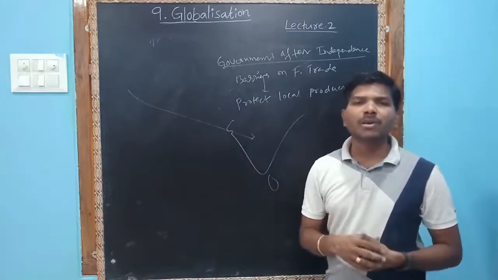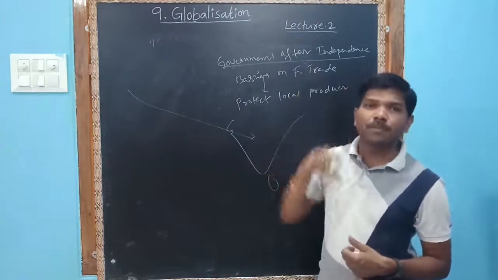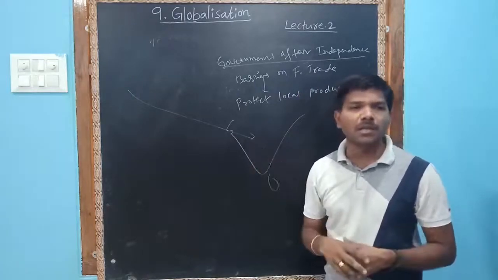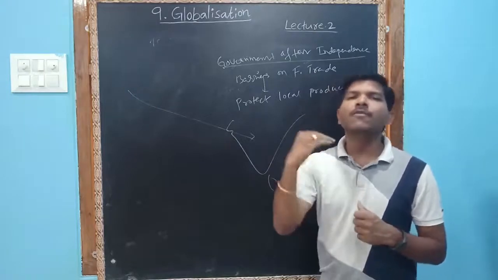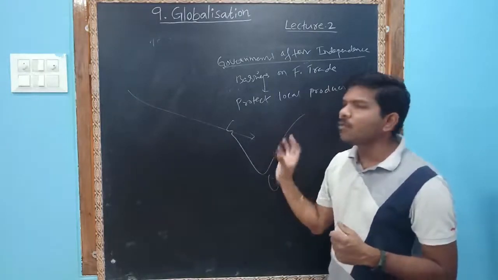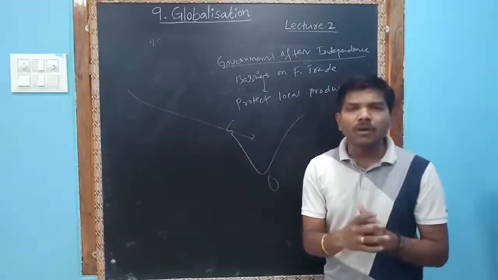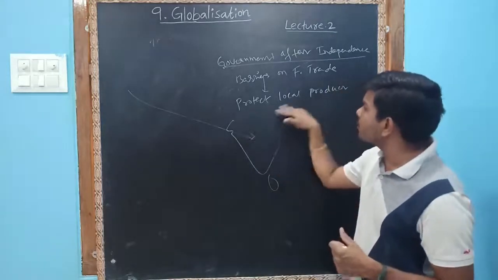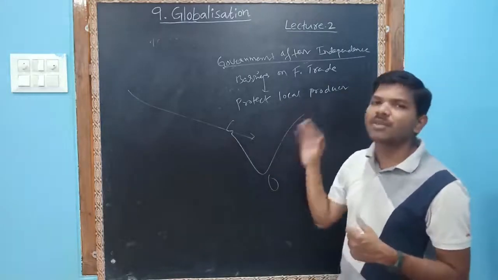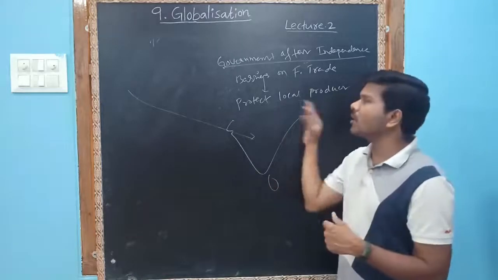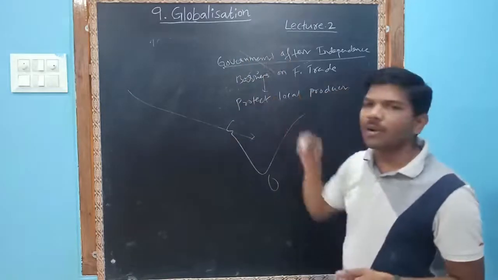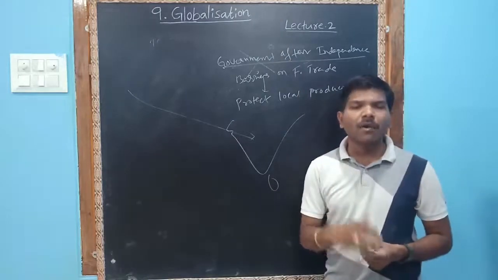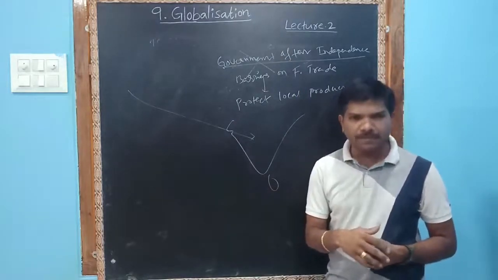Most probably the majority of people would purchase the one made in Japan. Wow, made in Japan is good quality. So the government wanted to protect from foreign competition and save the local producers' interest. Hence, the government did not allow foreign trade or foreign companies into India.